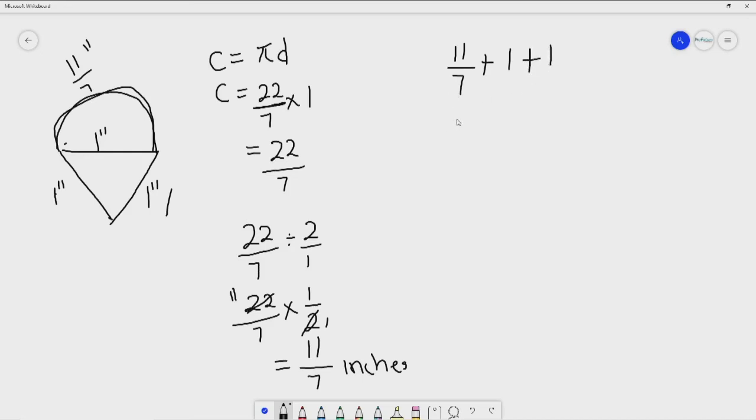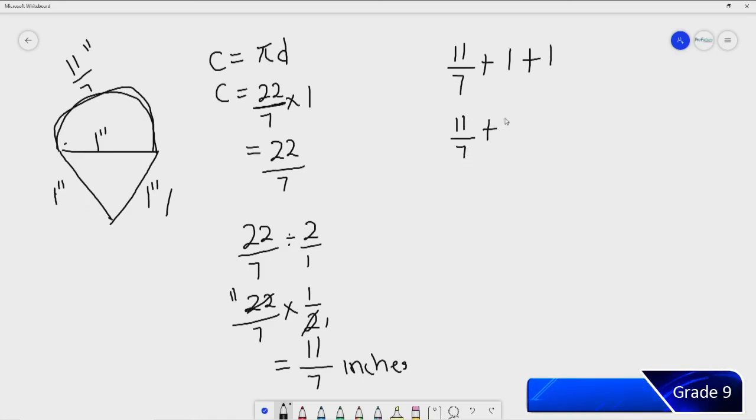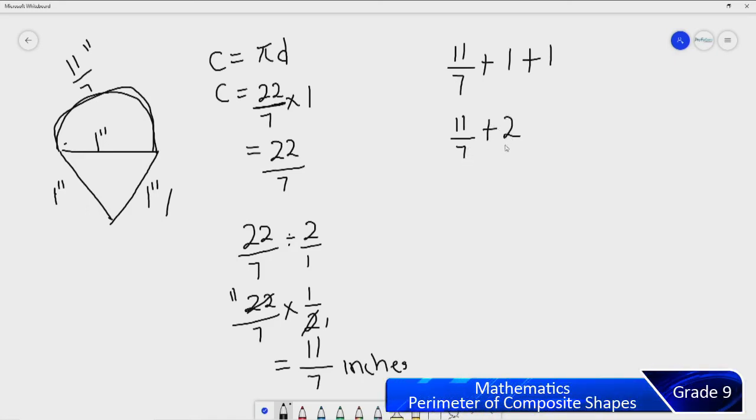So this is just going to be 11 over 7 plus 2. We could write this as 2 over 1. Whenever we're adding or subtracting fractions and the denominators are not the same, the first thing we have to do is find the LCM of the two denominators. And the LCM of 7 and 1 would be 7.